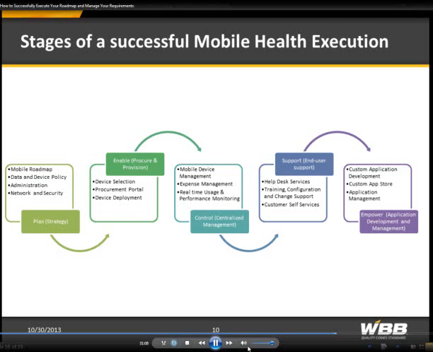From a controlling standpoint, you want to have centralized management, enabling cloud, enabling mobile device management, having expense and billing management centralized, and being able to control the real-time usage and performance monitoring aspects of it. What was the time it took for a nurse to respond to a mobile device alert that she received? How well can that time be brought down? Did it take too long for us to send the alert?